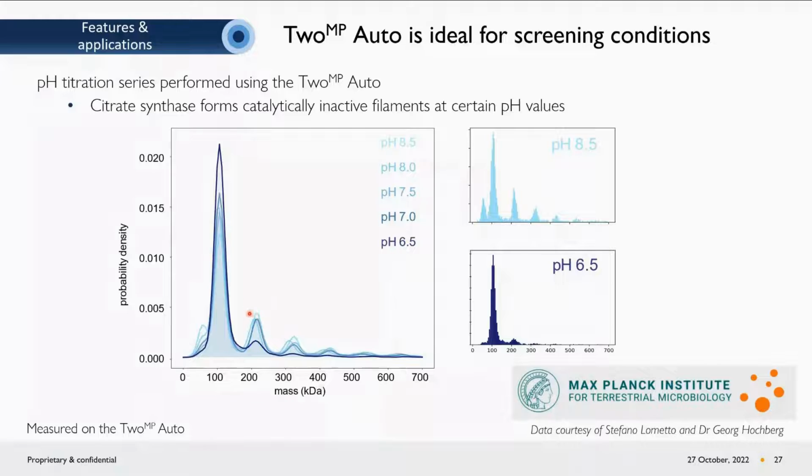They tested the same protein at the same concentration at different pH values, ranging from 6.5 to 8.5. You can see that at the lowest pH 6.5, also shown separately here, you have a very small amount of these filaments. So most of it is active at the peak at 100 kilodalton. And with increasing pH, also the populations of the filaments increased, showing a further inactivation of the protein.